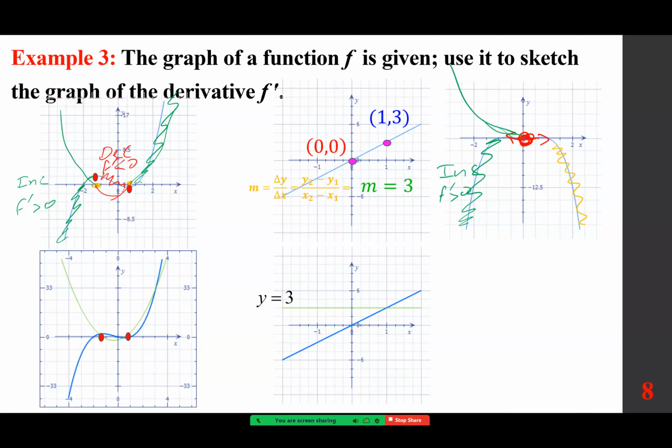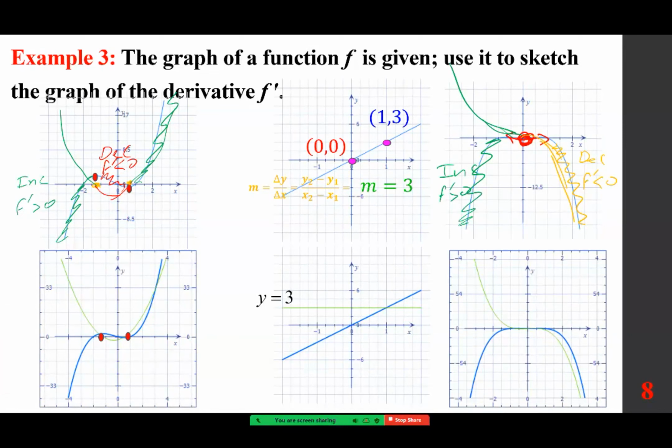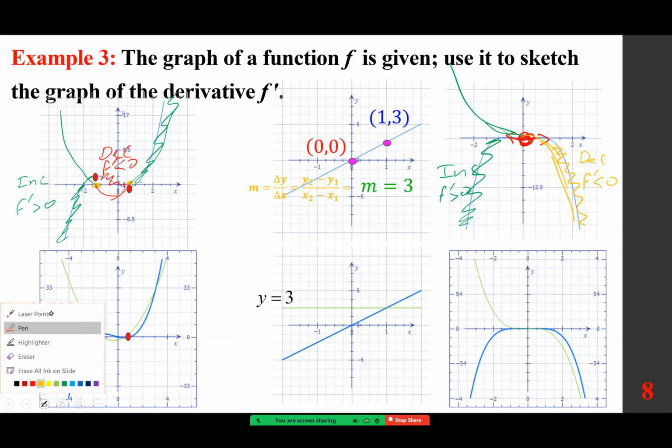This portion is decreasing. F prime is negative, must be below the x-axis, and the graph looks like that. So a rough sketch is good enough.